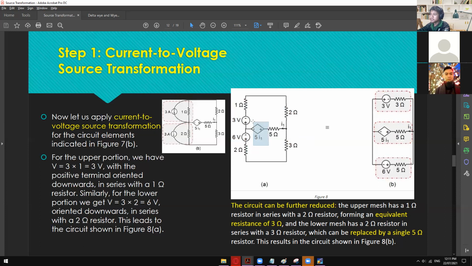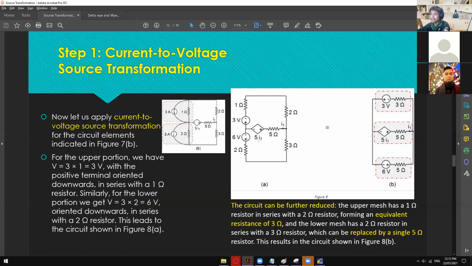So as you can see, we now have a triangle source. This is actually the symbol of a dependent source. If it's independent, it is a circle, but if it's dependent, it is a triangle. Mostly, if it's a dependent voltage source, it comes with the letter I right here, and vice versa, if it's a dependent current source, it has a voltage variable.